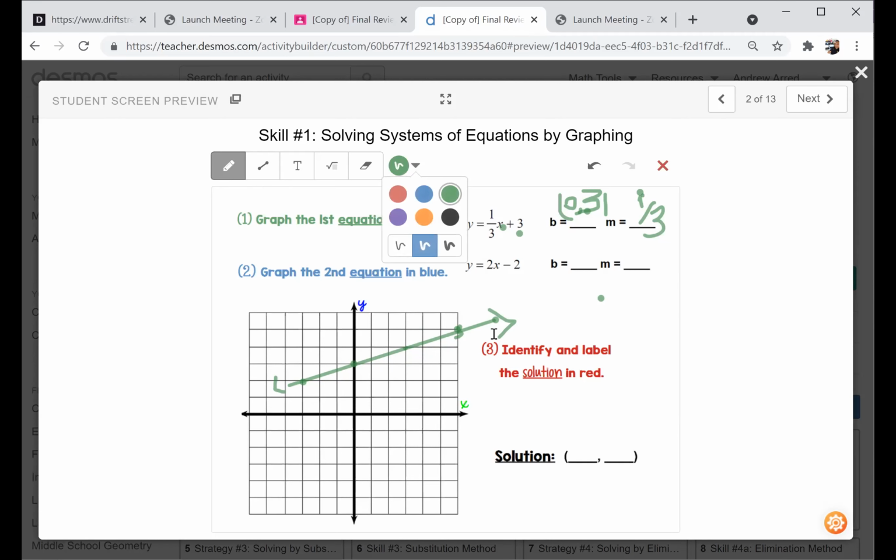Okay, now I'm going to turn it blue and look at the other line involved. y equals 2x minus 2.